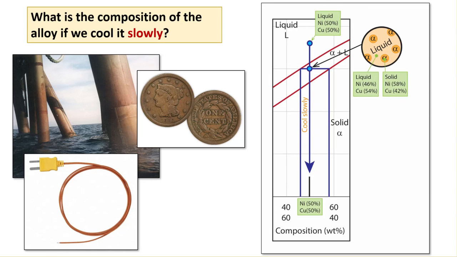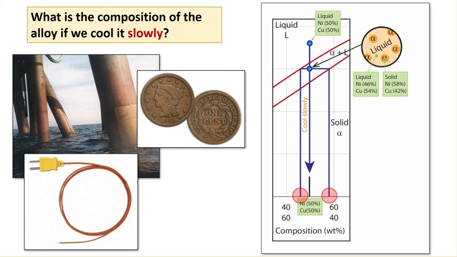Let's stop at the point indicated and see what the composition of the liquid and the solid are. We see that the solid is approximately 58% nickel, and the liquid is approximately 46% nickel. That makes sense. There should be more nickel in the solid because nickel has a higher melting temperature.